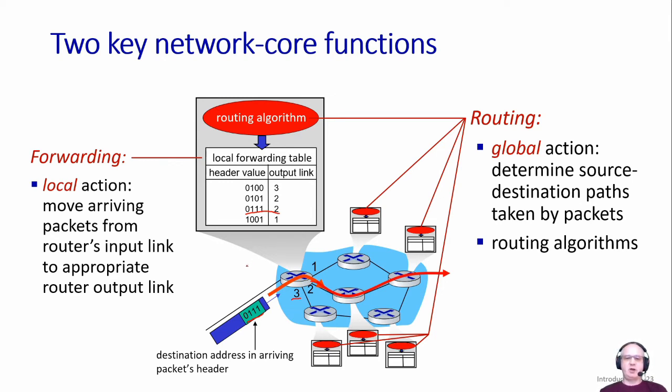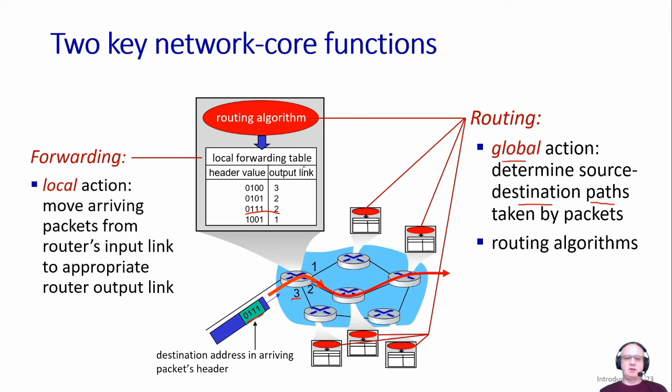They have to learn which path a packet should take to reach its destination. So this is a global action that determines the path that should be taken by a packet based on its source and destination, mostly based on the destination. And that makes it so that each router can populate its local forwarding table, to put in those entries for where to send these packets.